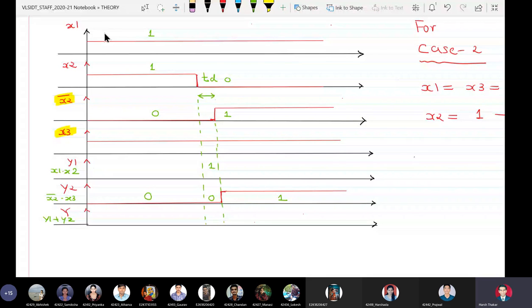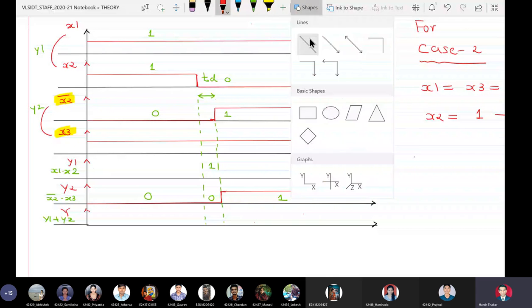So we have to do the ANDing between these two signals, and then these two signals. So those two signals are y1. This is actually y2.